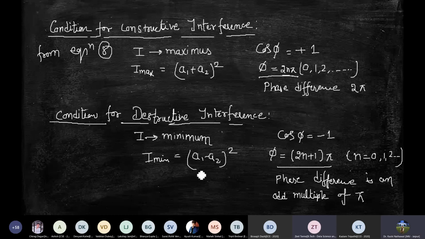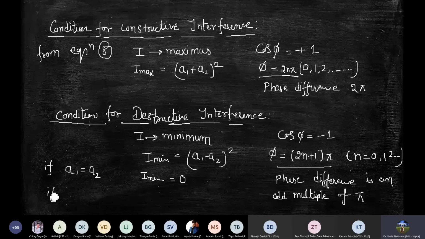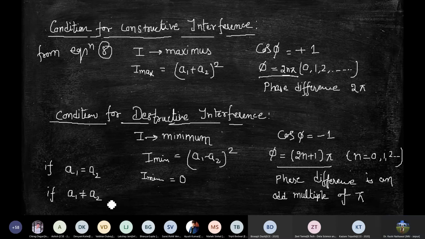Now in that case, we have two situations. A1 minus A2 whole square is I minimum. If the amplitudes of both waves are the same, then this I minimum intensity will be 0. But if the amplitudes are not equal, it will not be 0 but minimum.